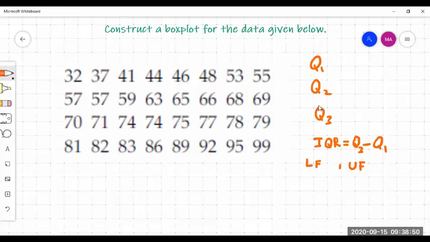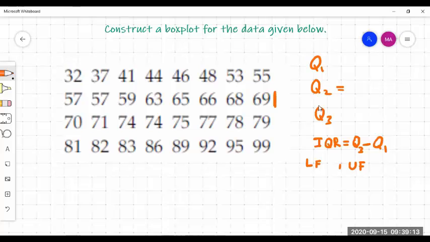Because the data is already rearranged, Q2 is the first thing you look for. That's the median of the data, the middle point. Because the total number of values is 32 and there are 8 in each row, the median would be after this one value, 69 here, where I draw this line.